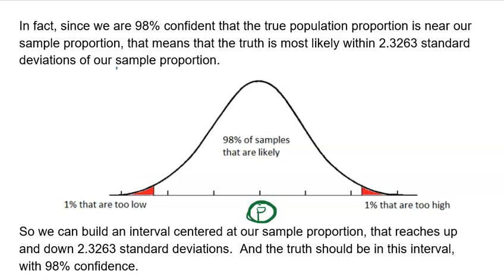If I could take the truth in the center, go up 2.3263, go down 2.3263, and get an interval for where most samples are, I should be able to do the opposite. I should be able to take a p-hat that might be a little high, cast a net 2.3263 standard deviations high, 2.3263 standard deviations low, and within that net should fall the truth.